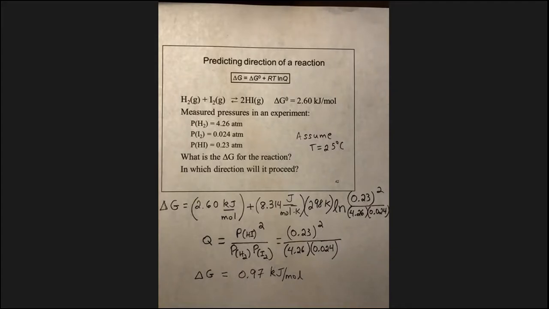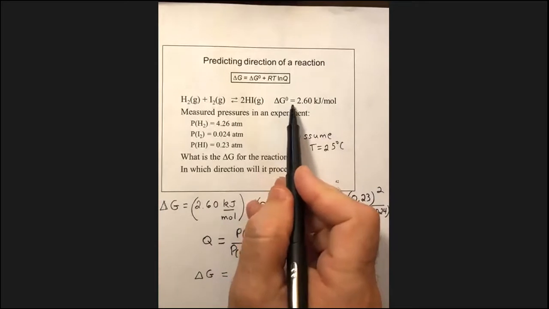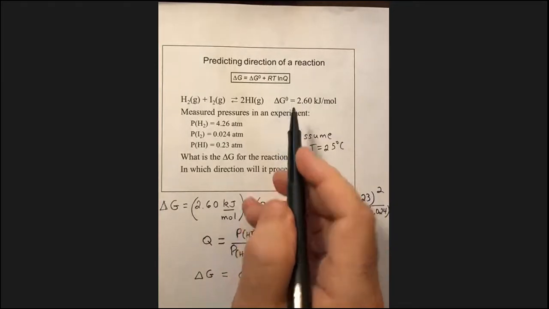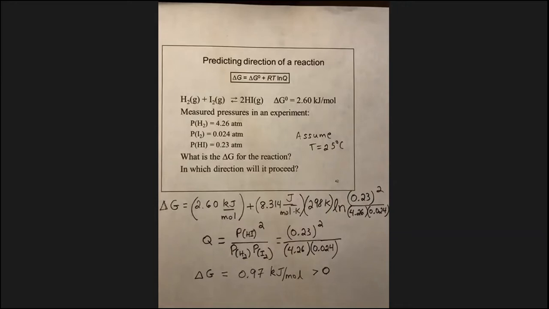So if that is delta G, and delta G is positive, we know from the value of delta G naught that the equilibrium here tends to favor the reactants. And as you can see, even under these pressures, you have a positive delta G. In other words, the forward direction is non-spontaneous.